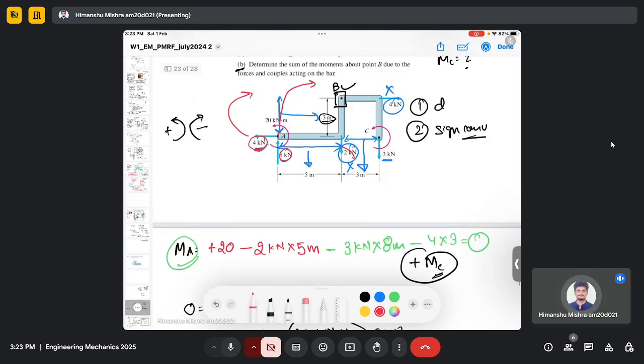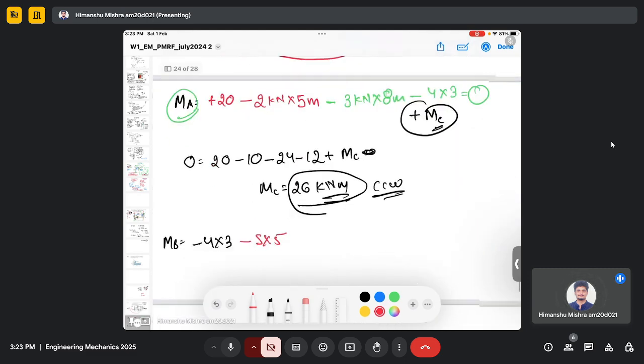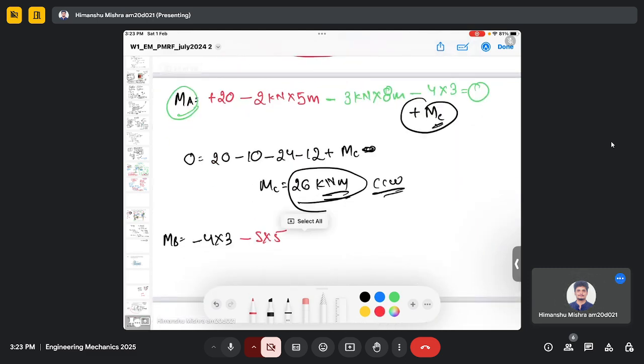Then this will not create any movement, and this force will not create any movement. So this 3 kilonewton force will create a movement because it has a non-zero perpendicular distance, and it will rotate in a counterclockwise sense around point B. So it is 3 kilonewton multiplied by 3 meter.